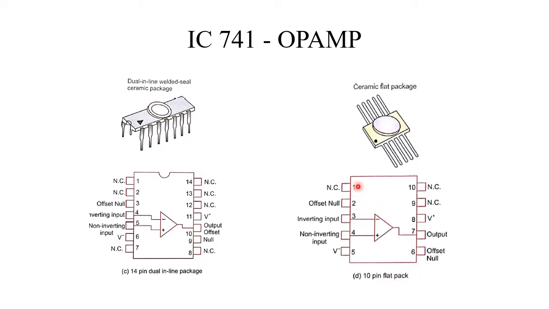Here also there is a reference, a dot, and it depends upon the manufacturer. Starting from the left in the anti-clockwise direction, we can see 1 2 3 4 5 6 7 8 9 10. That is how the numbering is done, and we should remember the pin numbers for the input terminals, output terminals, and the power supply for suitable connection.